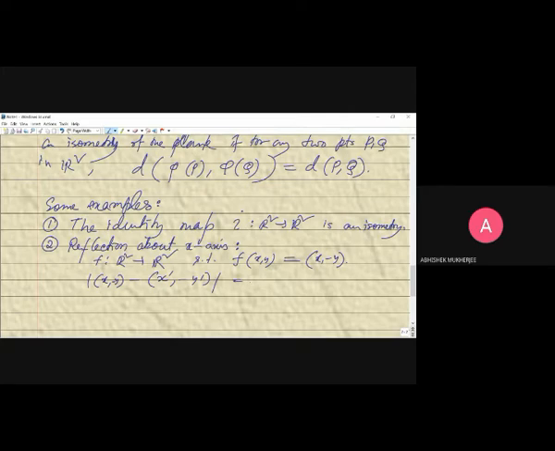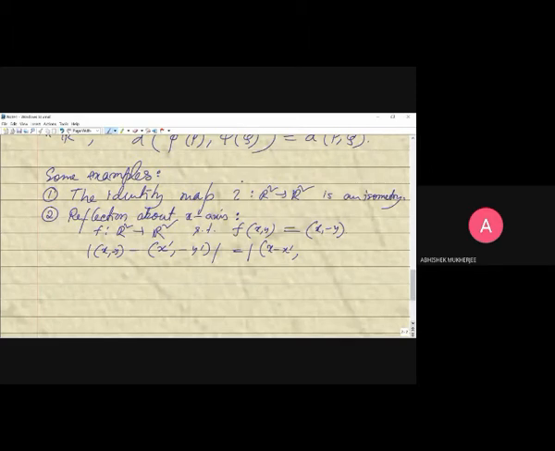So this will be mod of, it is (x minus x dashed, y minus minus y dashed), so root over of (x minus x dashed) square plus (y minus y dashed) square, right?